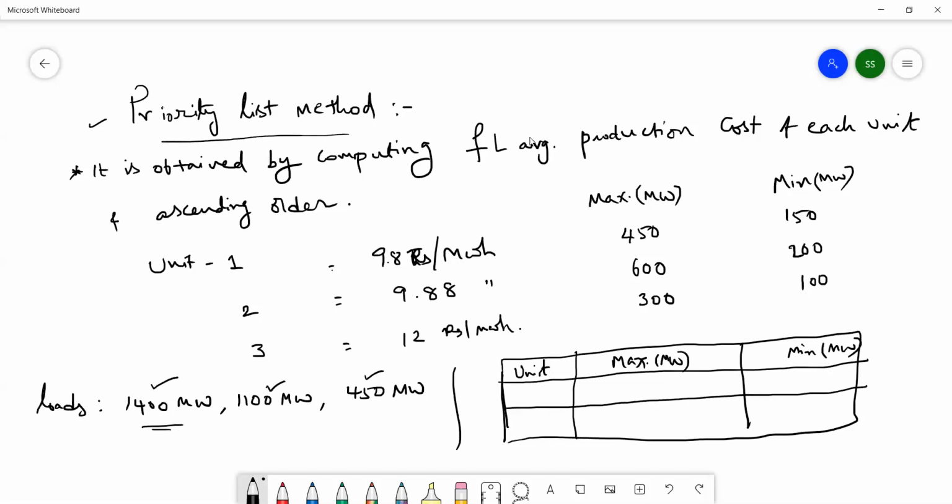So how many possibilities will come here? The first possibility is that your load is 1400 megawatts. So how can I achieve this 1400 megawatts?